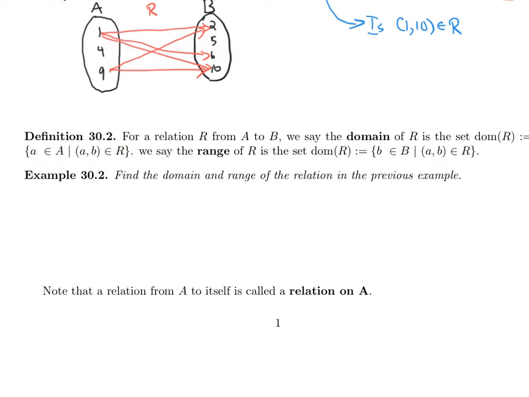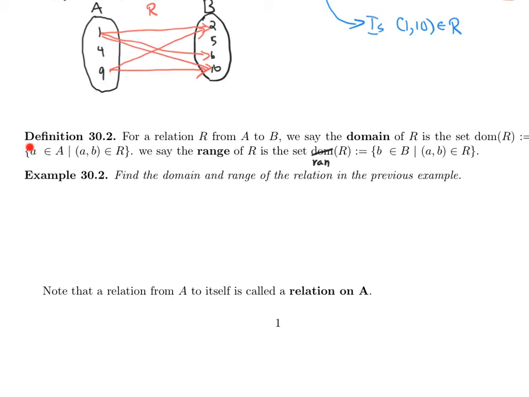And do the same thing for the range. And there's a little typo here. This should be R-A-N for range, not D-O-M, of course. So pause the video now and see if you can determine what these sets are, dom of R and ran of R, and what they represent. Okay, well, let's read this.